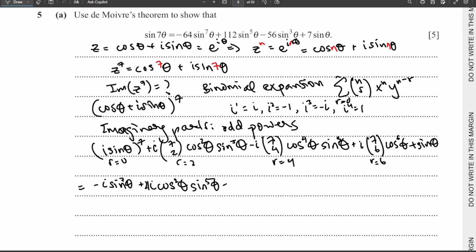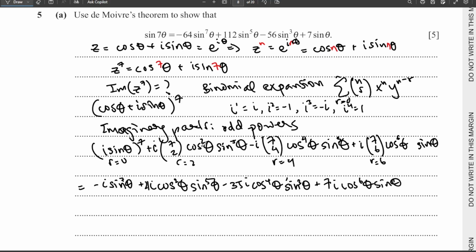Then minus 7 choose 4, which is 35i, cosine 4 theta sine 3 theta, then add 7i cosine 6 theta sine theta. This is a multiplication, so it's multiplied by sine theta.